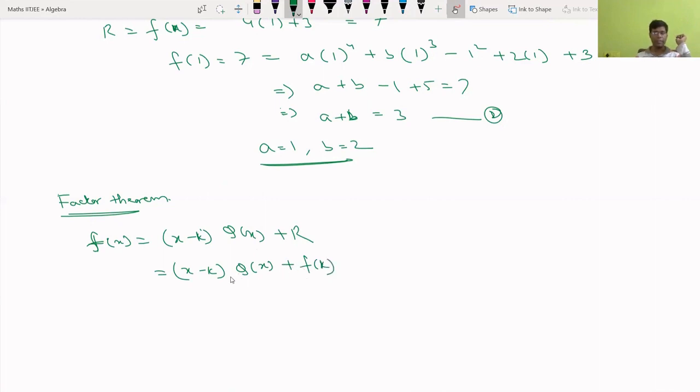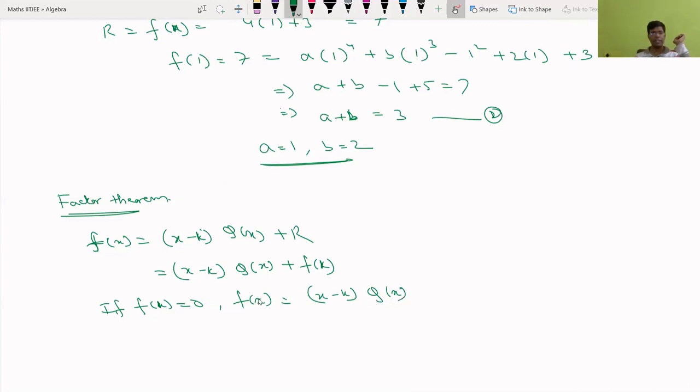Now what the factor theorem says is, if f of k is equal to 0, then f of x is equal to x minus k multiplied with q of x.